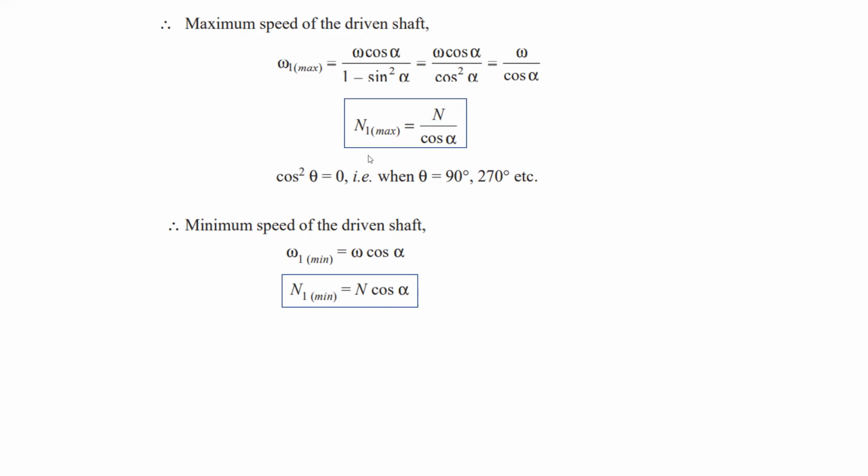Okay. So you note down this formula, n1 max and n1 minimum. So n1 max is greater than n, and n1 minimum is less than n. N is constant.